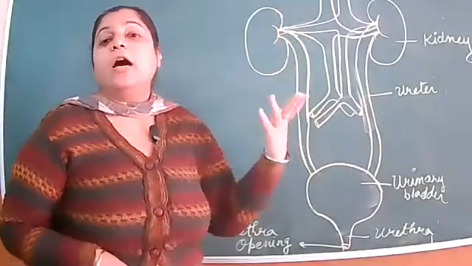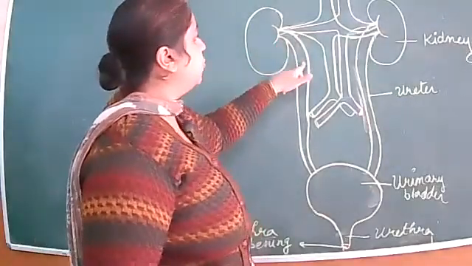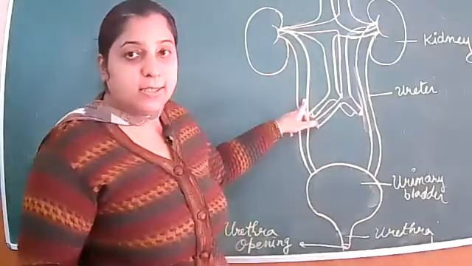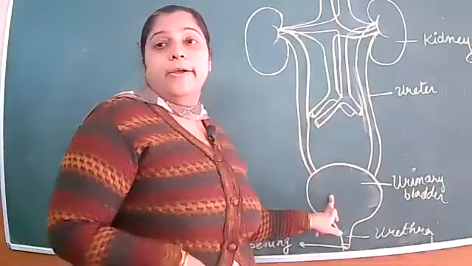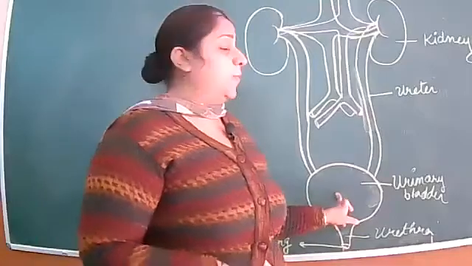Now it has become what? Urine. Now this urine passes through the ureter to the urinary bladder, right, where it is stored.